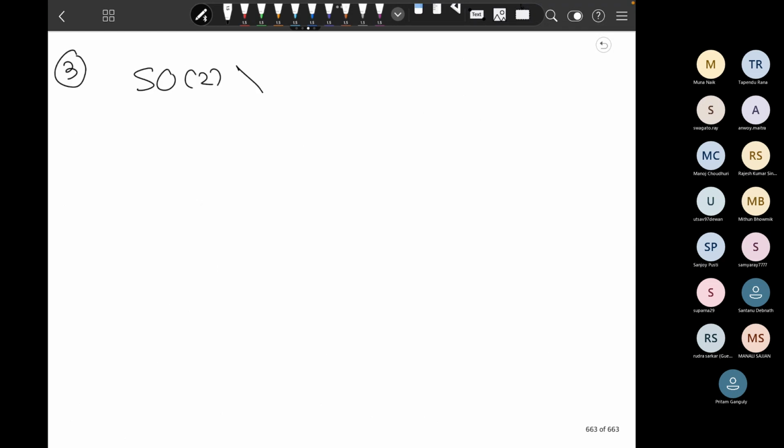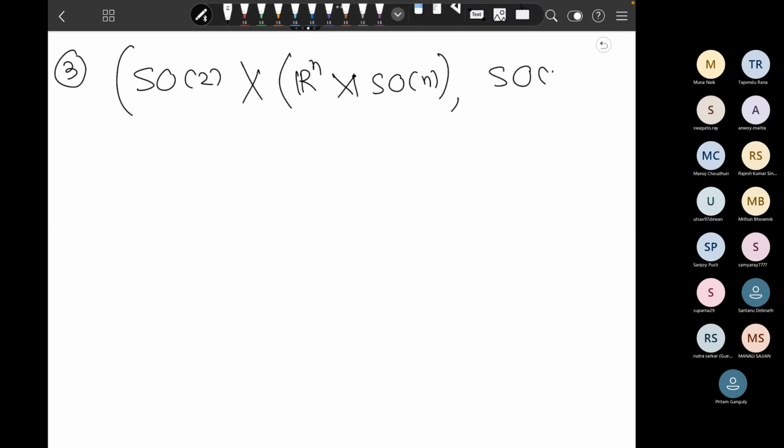So then SO(2) cross, sorry, E(n) cross SO(n), but that is isomorphic to SO(n), is a Riemannian symmetric pair of Euclidean type.